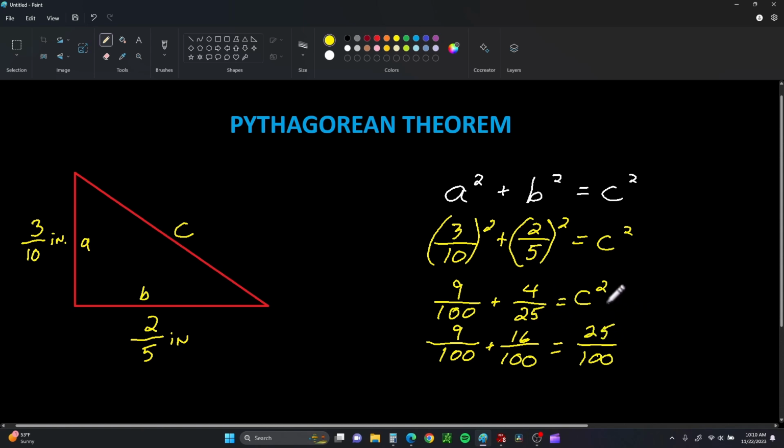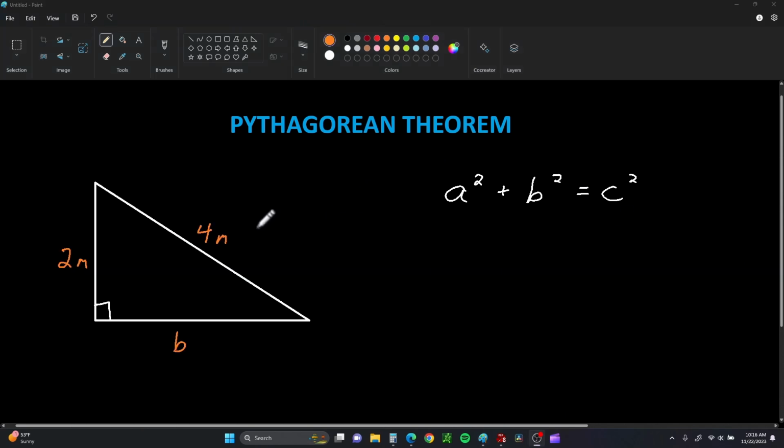So in order to find C, it would be equal to the square root of this, which is 25/100. And the square root of that would be 5/10, which would be 1/2. So C over here is 1/2 of an inch.